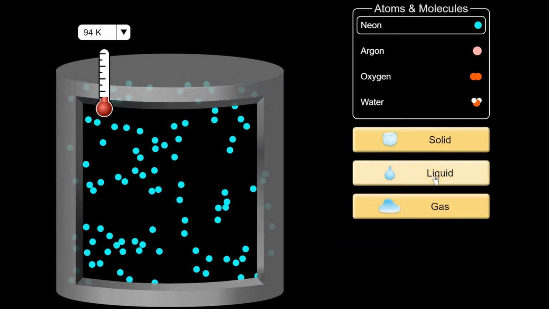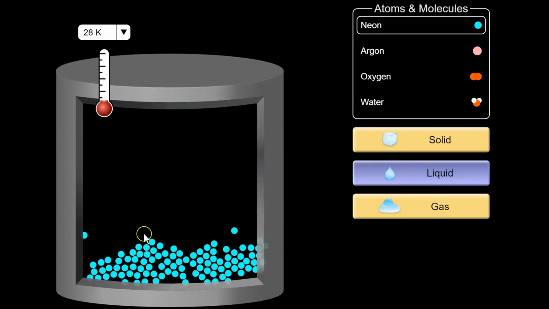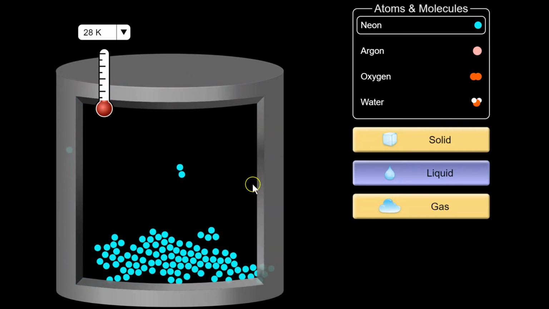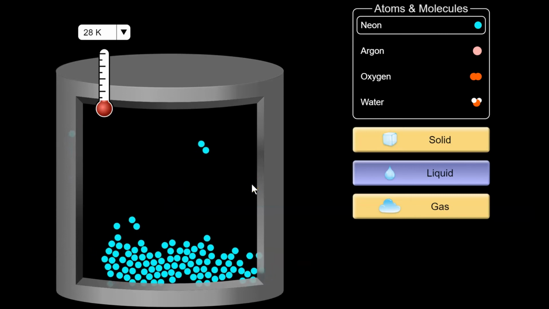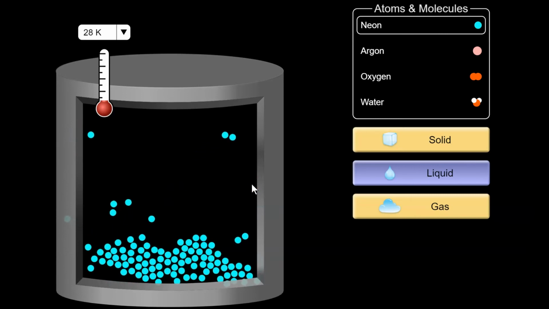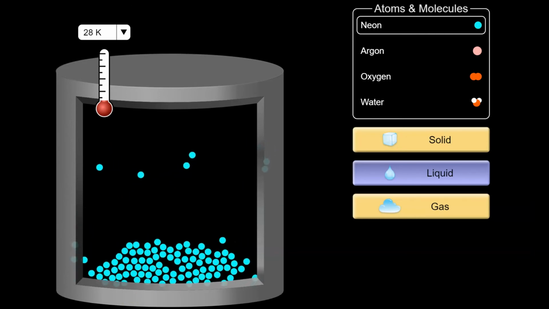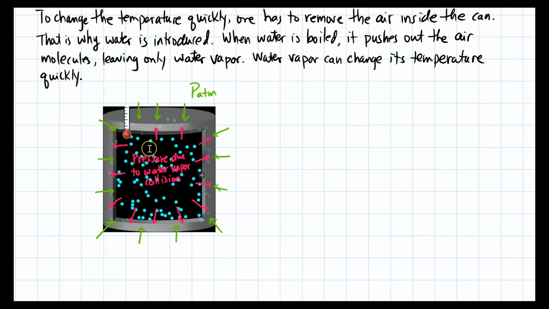Over here I'm going to click on liquid, and you see that the majority of the molecules are not colliding with the walls of the can itself, and therefore the pressure inside is essentially zero. Picture-wise, I have the water vapor colliding with the walls, and so that's the pressure due to the water vapor collisions with the walls of the can. But at the same time, I have this atmospheric pressure that's pushing inwards.